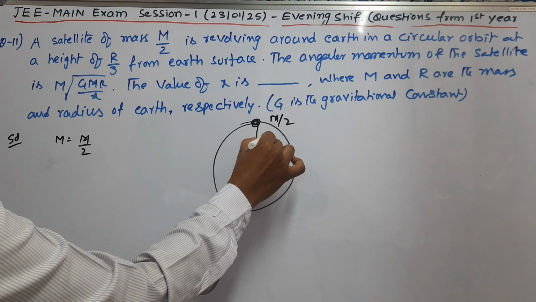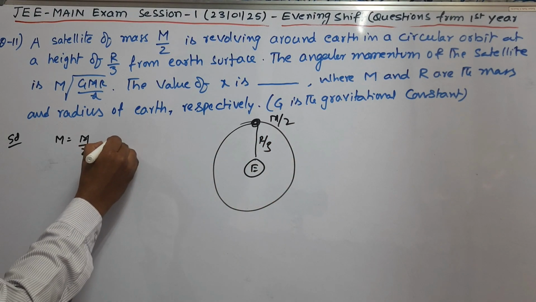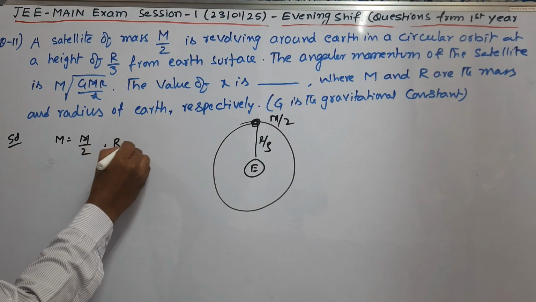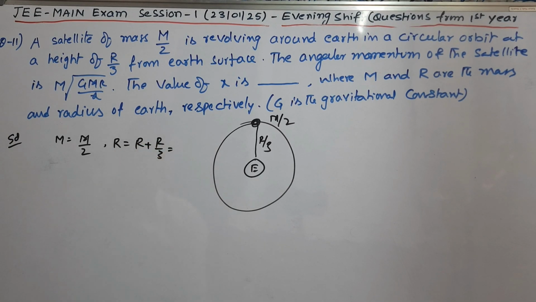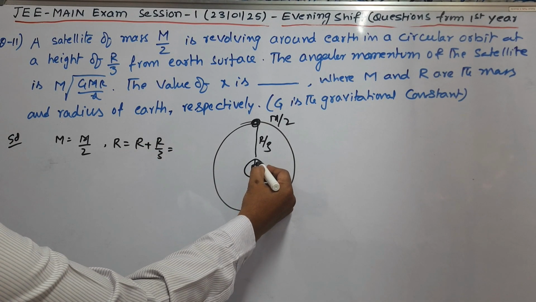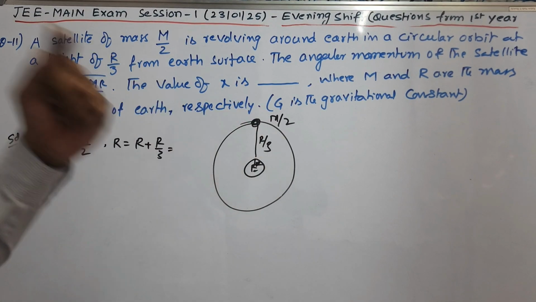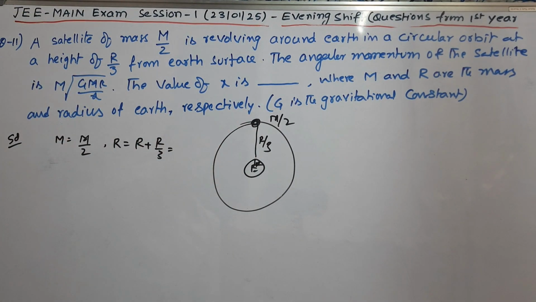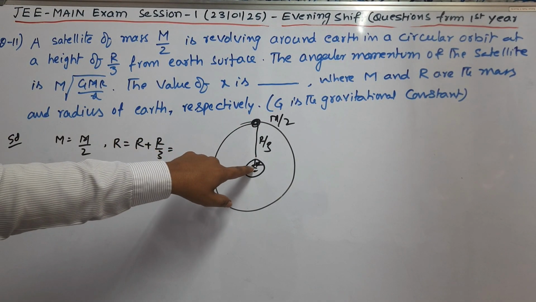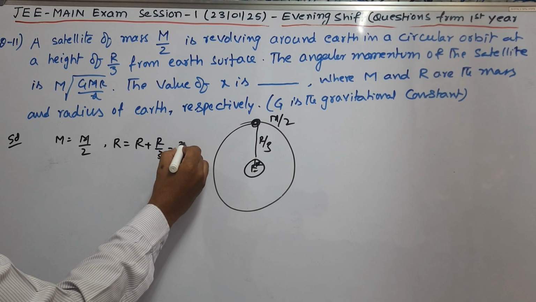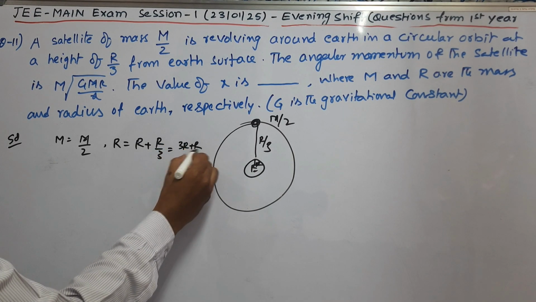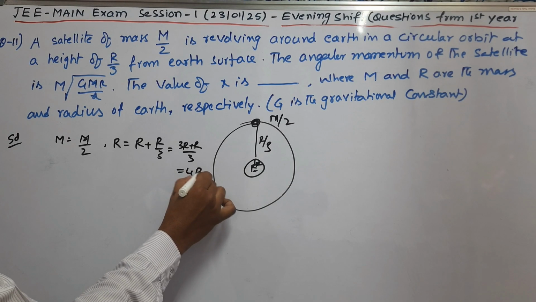So r is equal to R plus R by 3. R is the radius of the Earth, and R by 3 is the height. So the total distance from the center of the Earth is R plus R by 3, equal to 4R by 3.